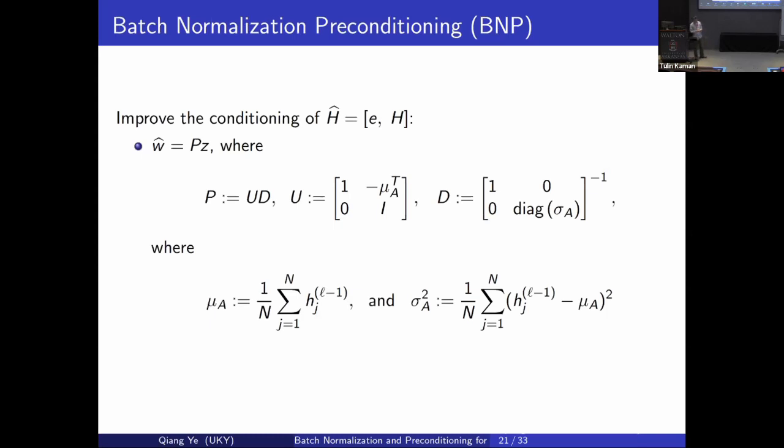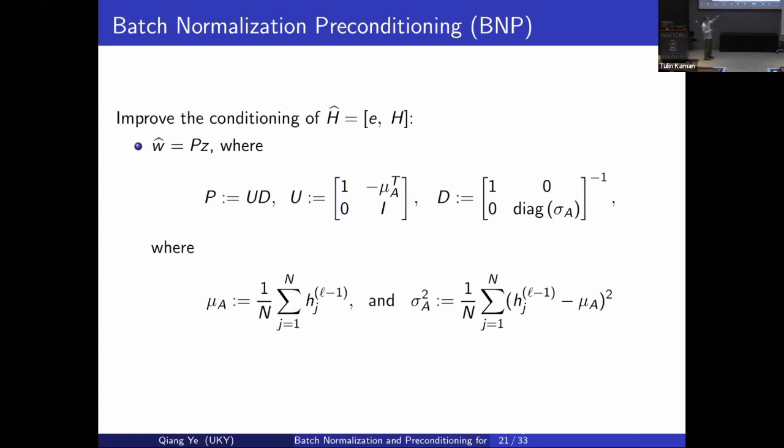Well, we use this transformation P. Take a transform W hat as PZ, using the same notation as stated earlier. The preconditioning matrix P is U times D. What are U and D?